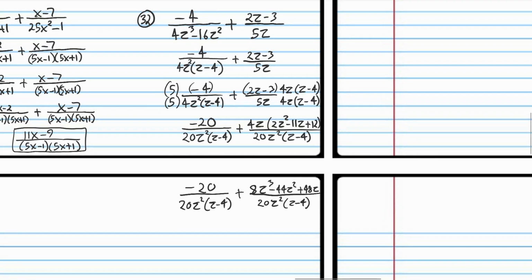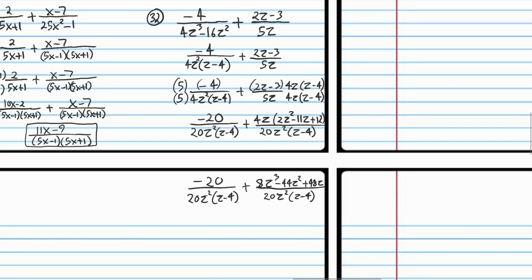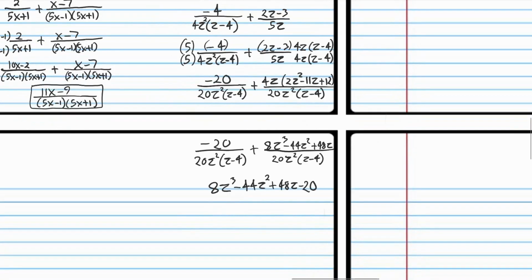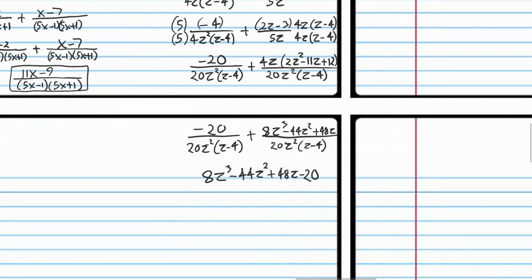Let's see here. Most of the problems that you do are probably not going to be this difficult, but you may see one like this. So the interesting thing here is that there's really nothing to combine in the numerators. There's no like terms, so we're just going to have to write 8z cubed and so on and so forth. Again, there's no like terms in the numerator.